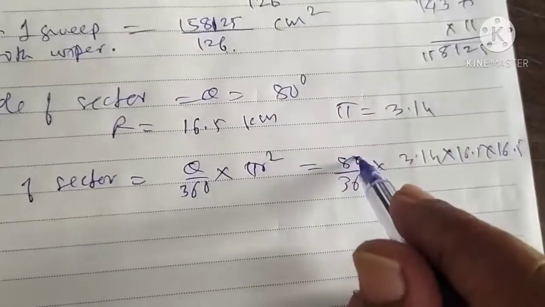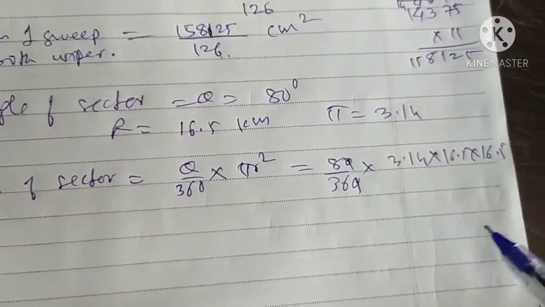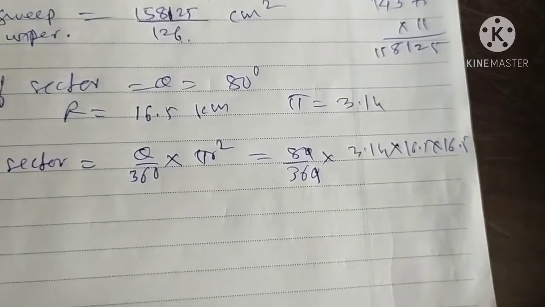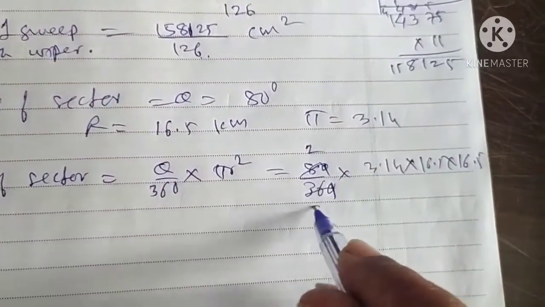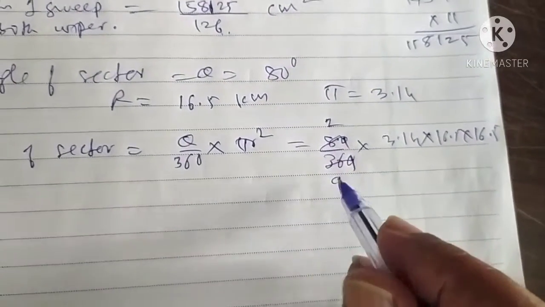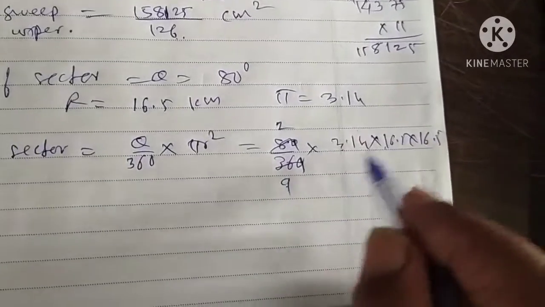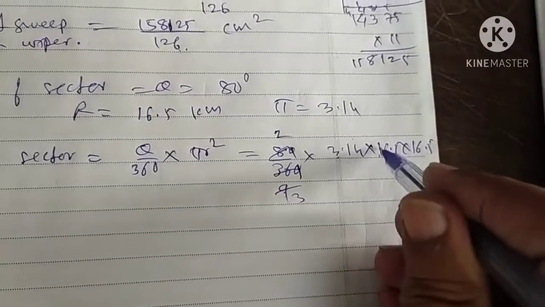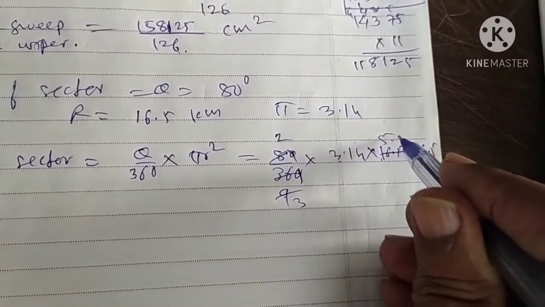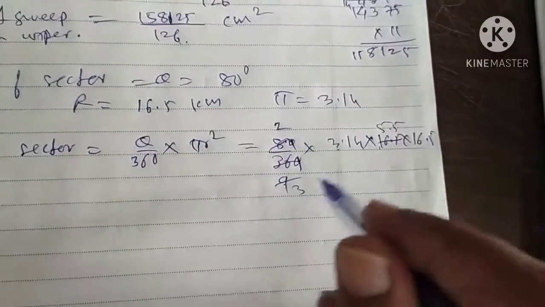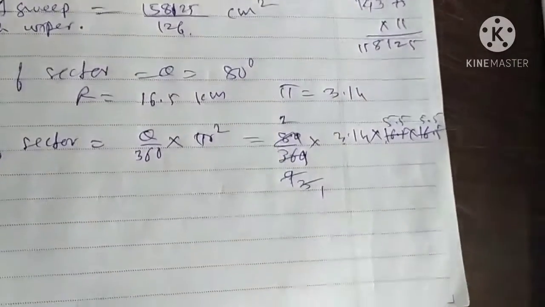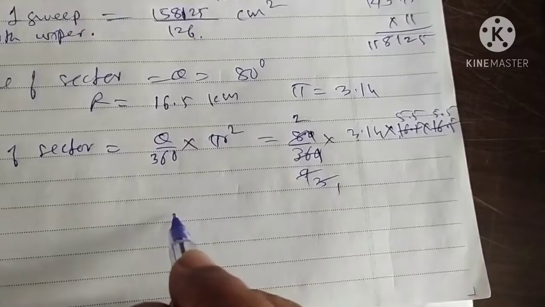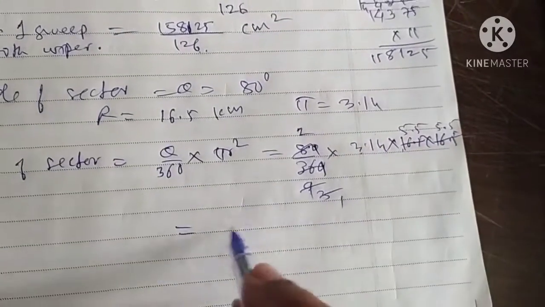16.5. Yes or no? See, whatever cancellation possible, please cancel. You will get it. Cancel by 4. Okay, this cancel by 3. Clear? Again cancel by 3. You got it? Now multiply. You have to multiply.